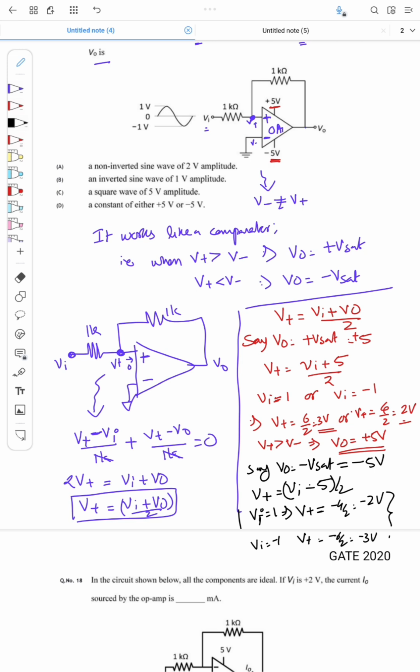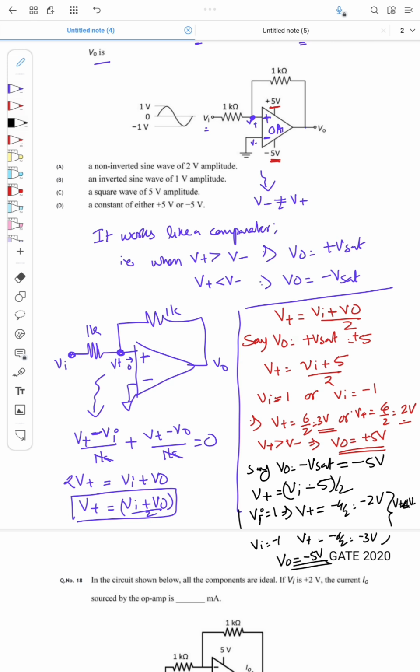So in either case, V plus is less than V minus, which means V naught will always be equal to minus 5 volt.